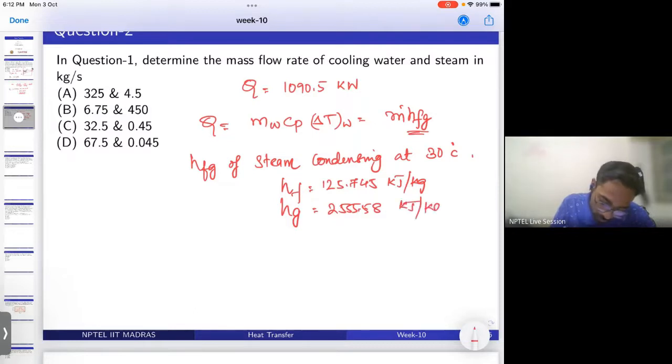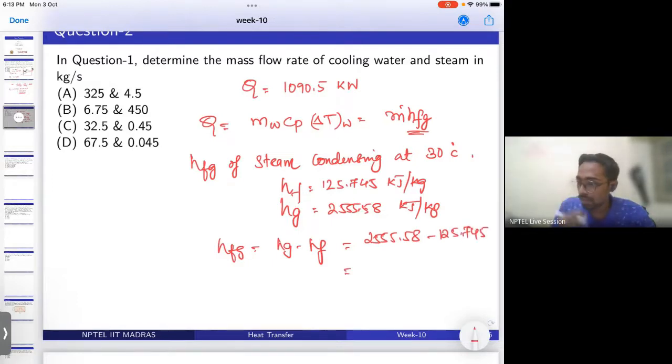So what is hfg? We know hfg is hg minus hf. So if you do this, you get the latent heat of vaporization.